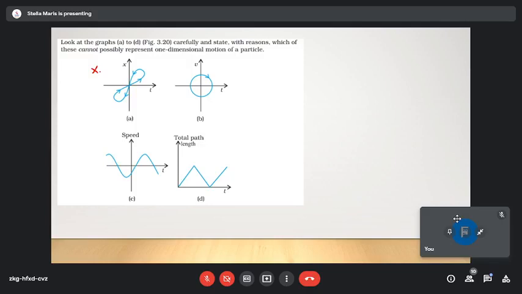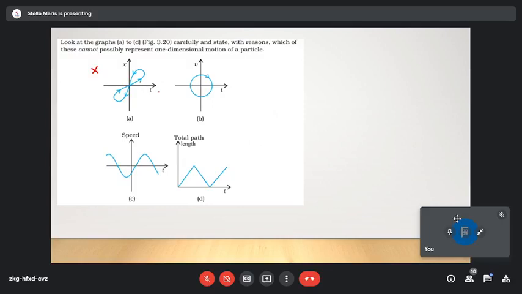Yes, anybody? Do you want to share anything? No, sir. Yeah, no problem. So here, Jayashree and others, just listen. Why is it not a one-dimensional motion? Because it is passing through the y-axis.